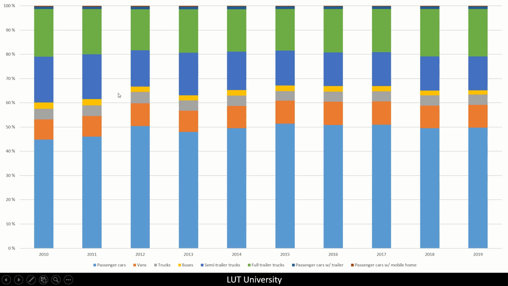But then these full trailer and semi-trailer trucks, even though they do not compete in absolute traffic volume amount, the amount of emissions they are producing are quite significant in the big picture.